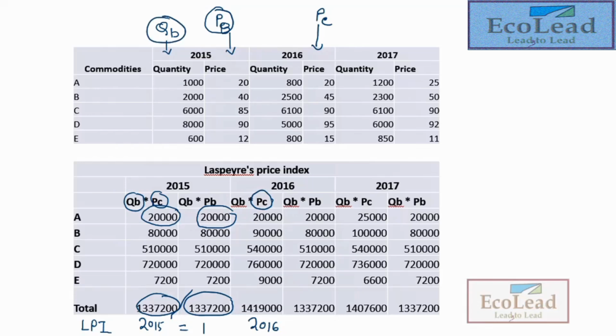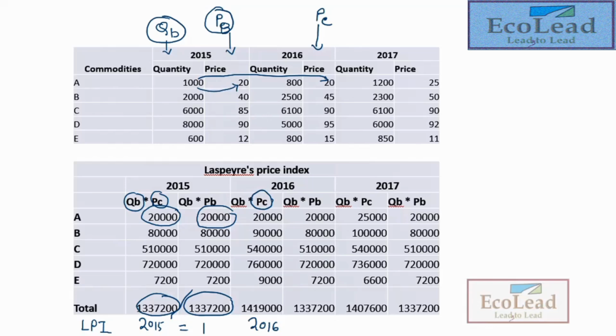Now if we multiply these quantities with the price, for the numerator we will multiply with the current year's price. So for commodity A, quantity will be 1000 but price will be 20. But for the denominator, the quantity will be 1000 for commodity A but price will be 20 here as well.